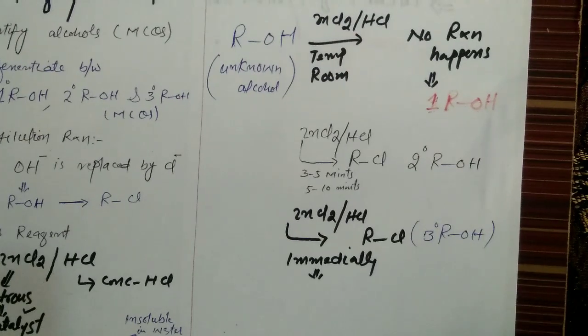So in order to summarize, primary alcohol does not react at room temperature. Secondary alcohol reacts within 5 minutes. The tertiary alcohol reacts with the Lucas reagent immediately after you mix the Lucas reagent with the tertiary alcohol.